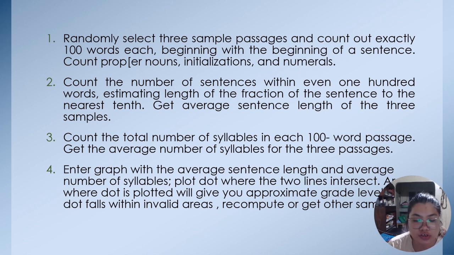Count 100 words for each sample beginning with the first word of a sentence and do not include titles or headings. We need to be sure to count all the words in the sample passage, including small words such as the, as well as proper nouns, initials, and numerals. A word is defined as a group of symbols with a space on each side of the group.